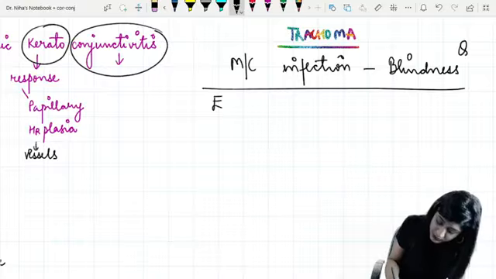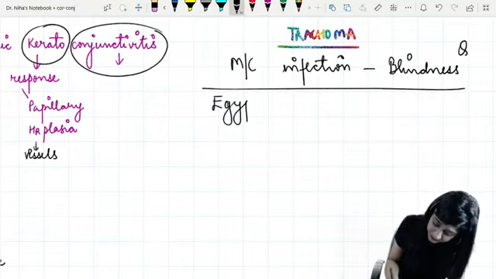Its other name is Egyptian ophthalmia. And the important thing is that it is causing a chronic keratoconjunctivitis.